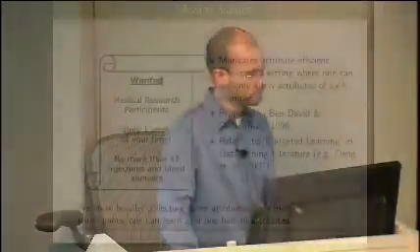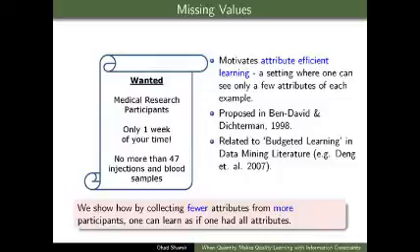They don't come with any formal guarantees how well they do compared to algorithms which enjoy full access to all the data. And I'm going to show you algorithms which allow you, by taking more participants, it's okay that you will collect fewer attributes from each one and still learn as if you had all the attributes and you can do all the medical tests you want on each person.